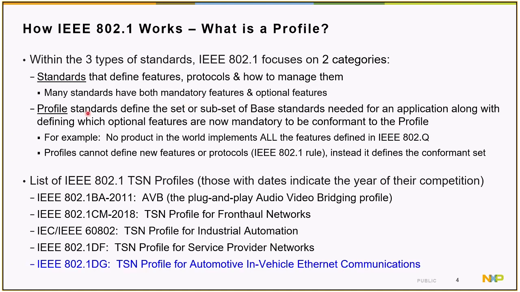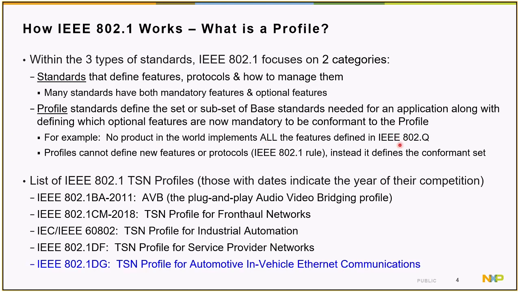Now, a profile is a standard that defines a set or subset of base standards, a collection of base standards needed for an application, along with defining which optional features in those base standards are now mandatory to be conformant to this new profile. For example, no product in the world implements all the features defined in 802.1Q.